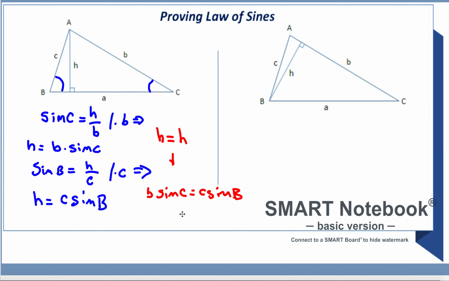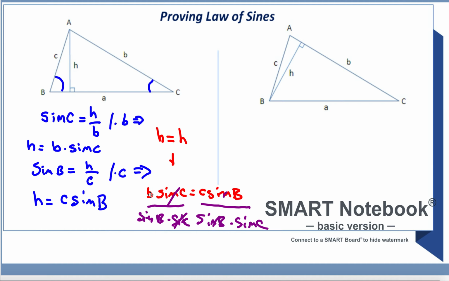Now, what's going to happen if we divide everything by sine B times sine C? Let me try it this way. I multiply the whole equation by sine B times sine C, and the same thing I'm doing on the other side. Sine C with sine C simplifies, and sine B with sine B simplifies.